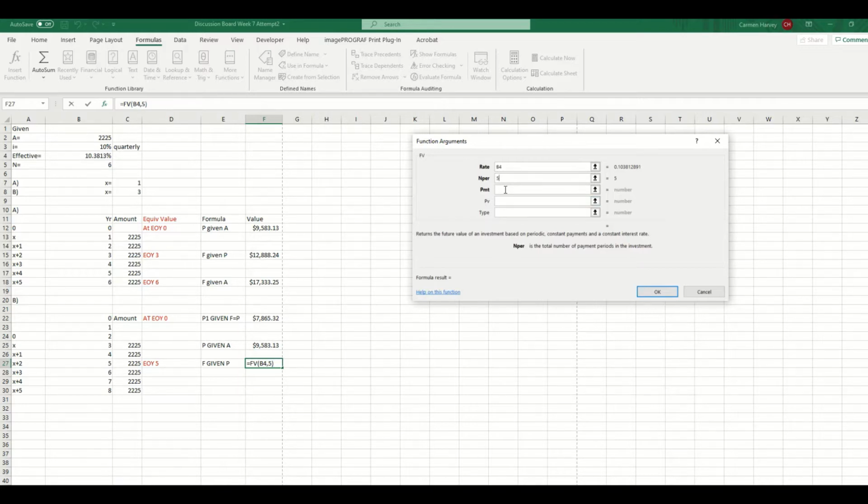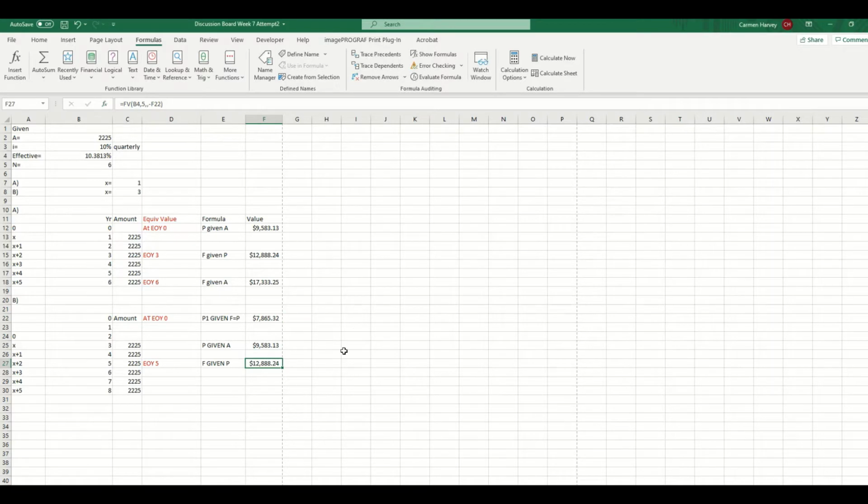And since we're using the PV, you'll plug that in here. Okay, so you can see that this one and this one are the same. And this is going to be the end of year 8.